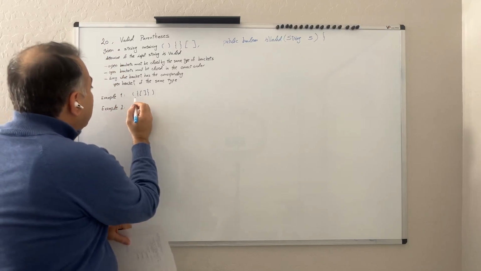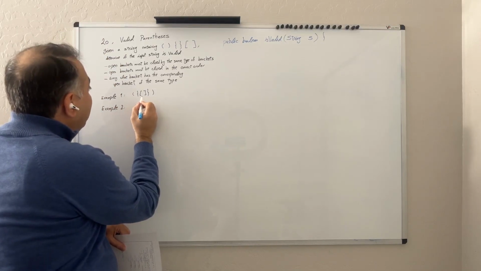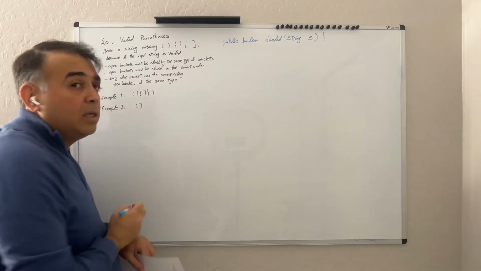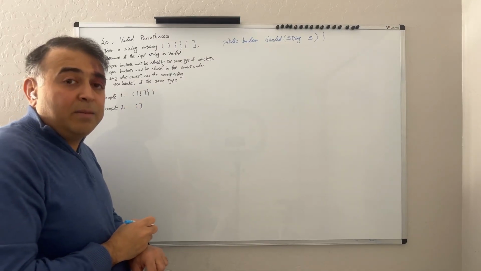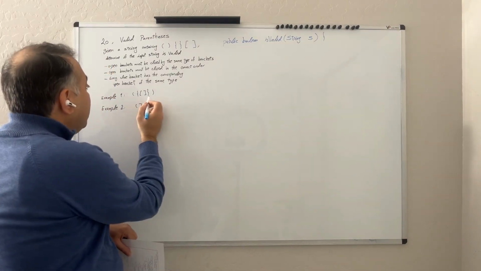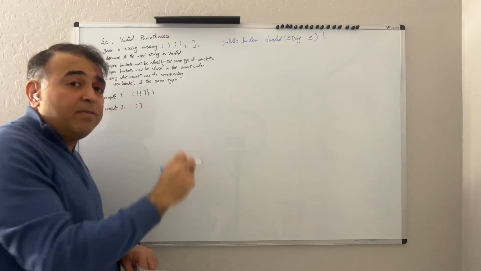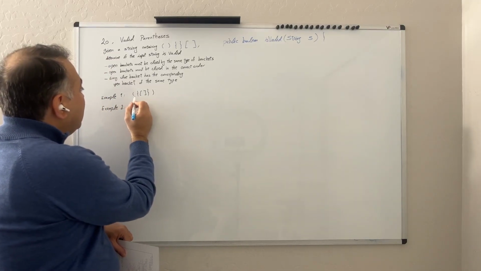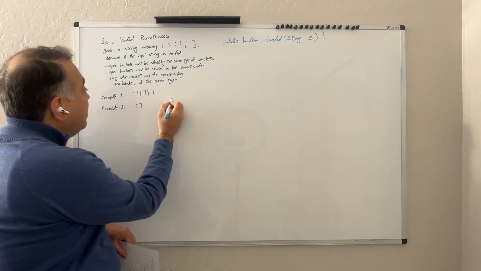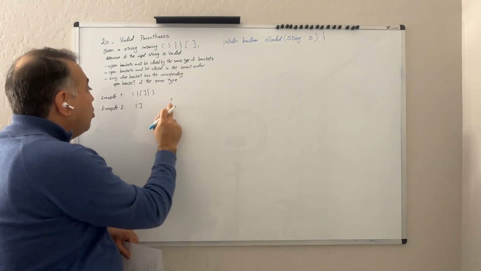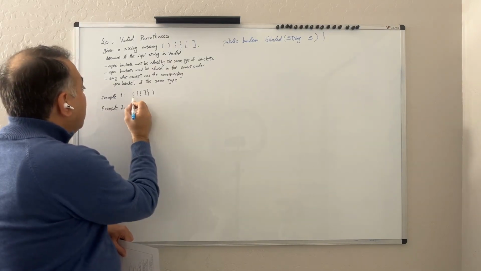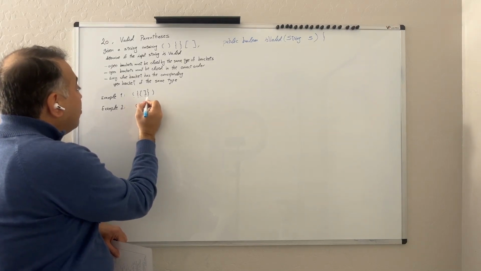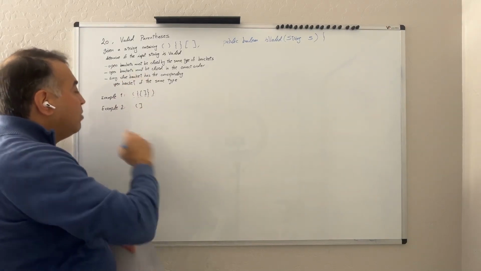The number of items that we have here must be even. If the length of a string is, for example, 3, it's not valid. It always needs to be even. 1, 2, 3, 4, 5, 6. So it's even, so it's potentially valid.